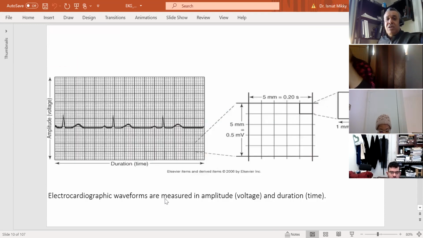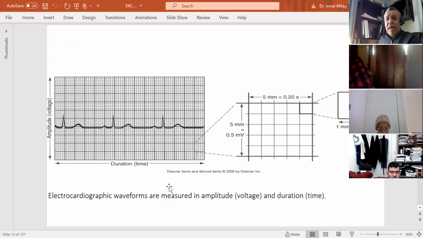So this is why you will find 12 leads. These are the pictures taken by the EKG machine, like a camera taking pictures from 12 different views around the myocardium.